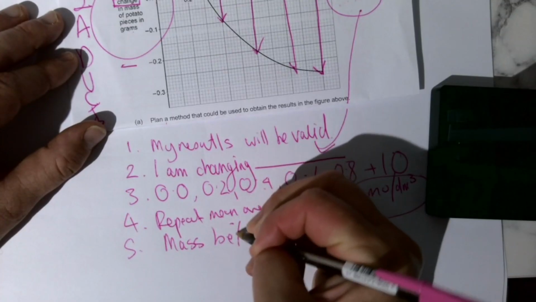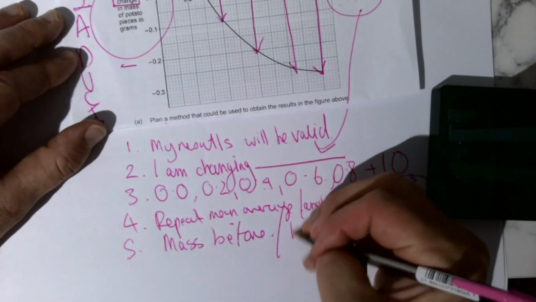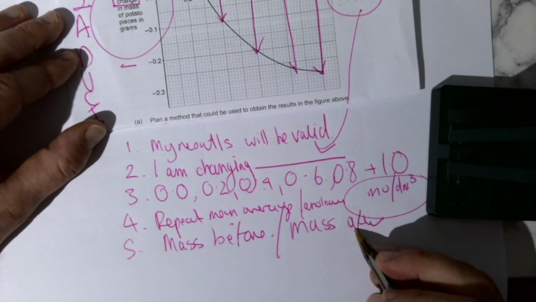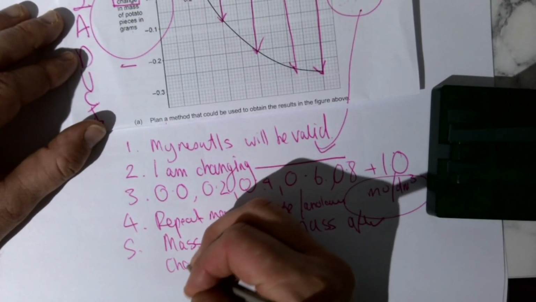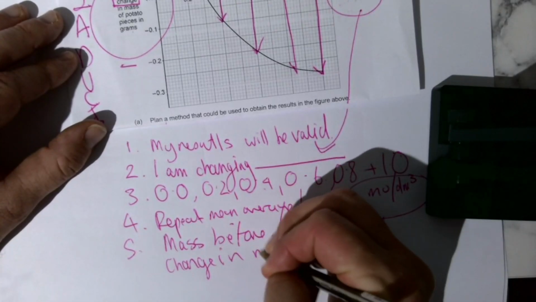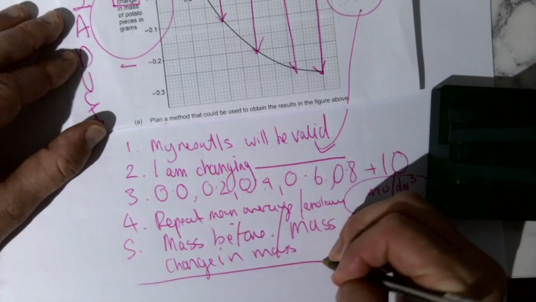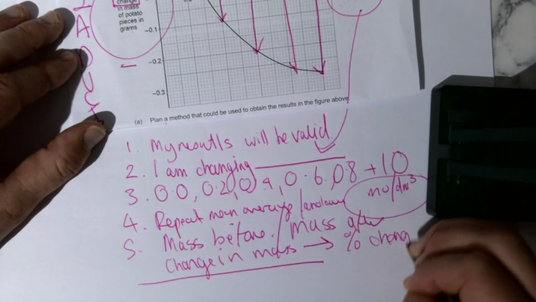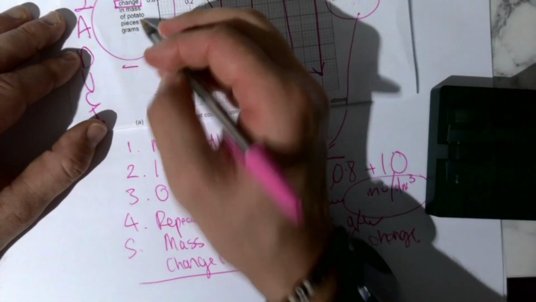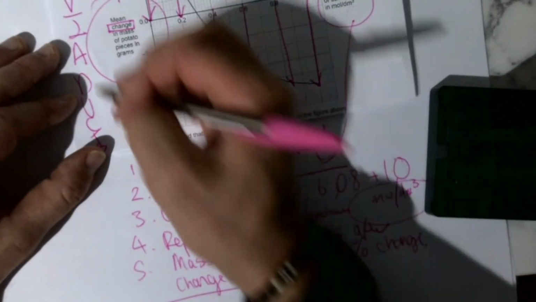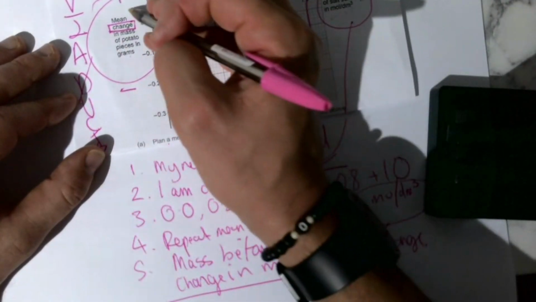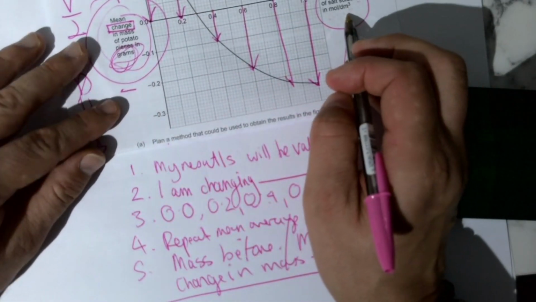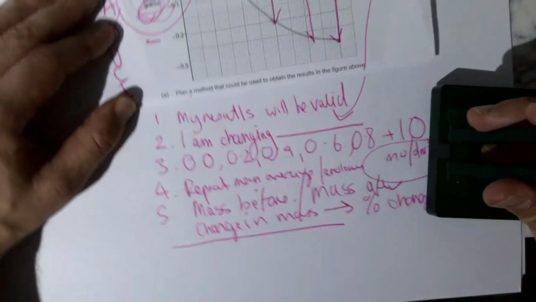Mass before and mass after. And then if you know those two, you can calculate the change in mass. Then you convert that into a percentage change. That is your dependent variable. Okay, units. Well, the units are grams here, and the units are mole decimeter cubed.